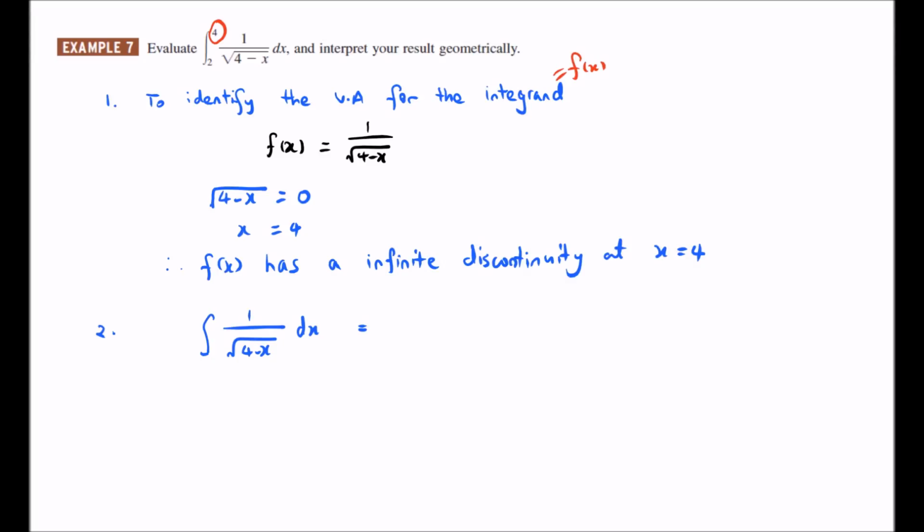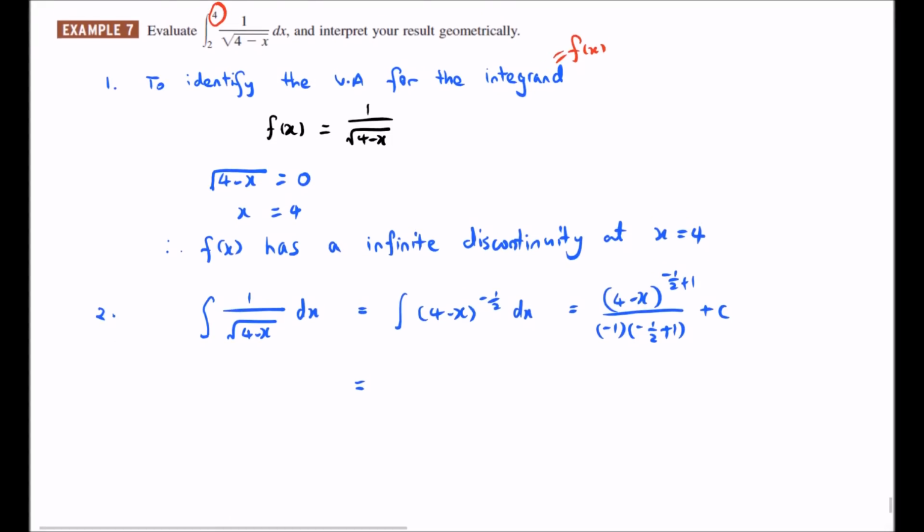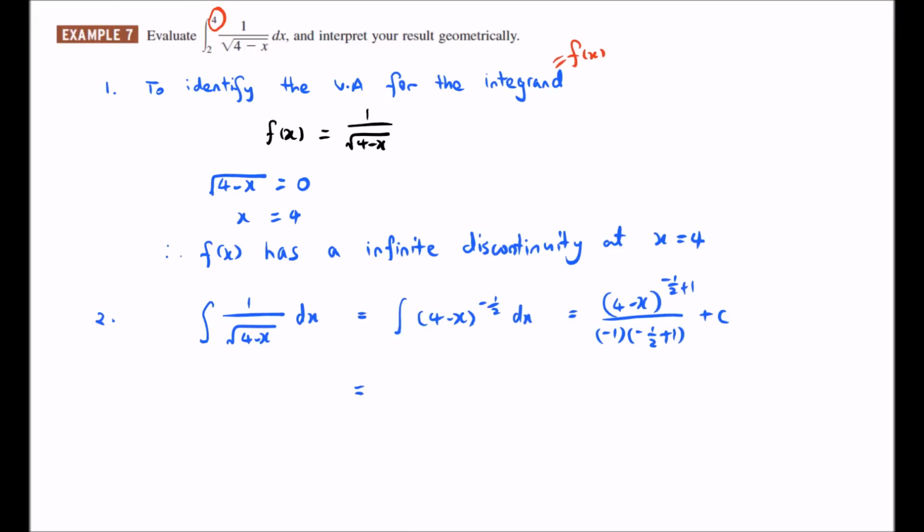So we integrate 4 minus x to the power of minus half, and then it will become 4 minus x to the power of minus half plus 1, over minus half plus 1. Of course must plus c, but during our improper integration, we don't need to include the plus c. So you get minus bracket 4 minus x to the power of half.